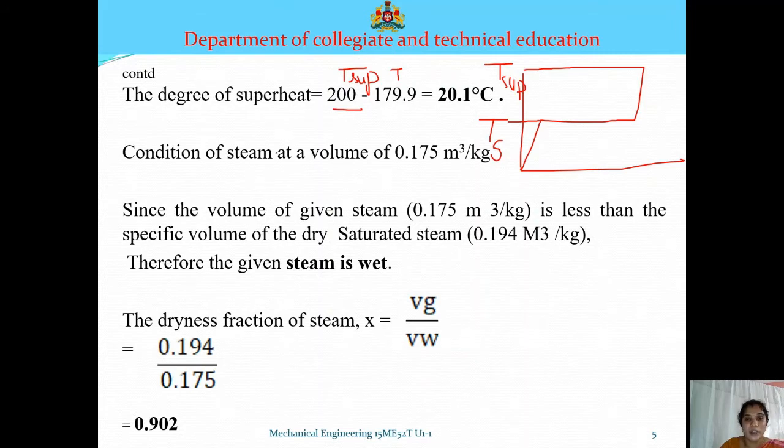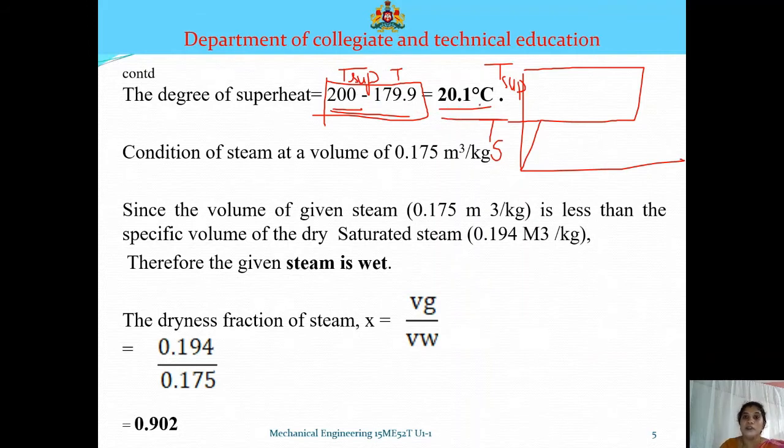So how can I conclude it? What is the rise in temperature, that I can conclude in this problem. For that reason, I'll find out the degree of superheat. Degree of superheat tells the difference between the superheated temperature and the saturation temperature. If I subtract 179.9 from 200, the answer is 20.1 degrees Celsius.